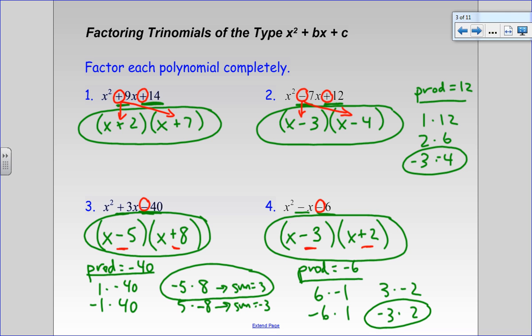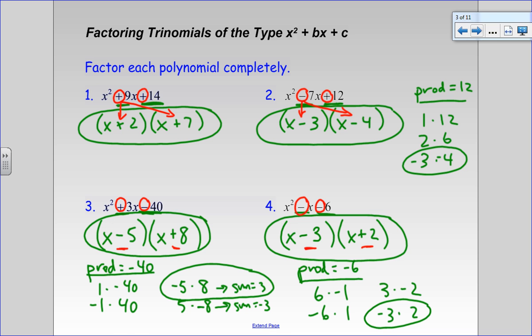Well, again, we can look at that middle term's sign. Since we want the positive middle term in example 3, we picked the larger absolute value factor, the 8, instead of the 5. We picked that 8 to be positive. Since we wanted a negative sum in problem 4, we picked the larger absolute value number, 3, to be negative, and we had the 2 be positive.